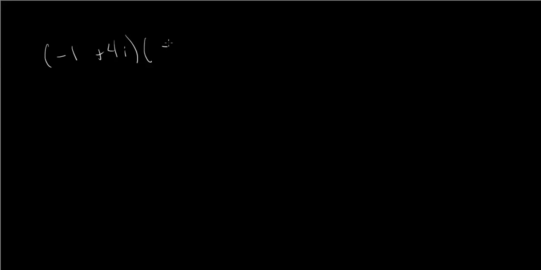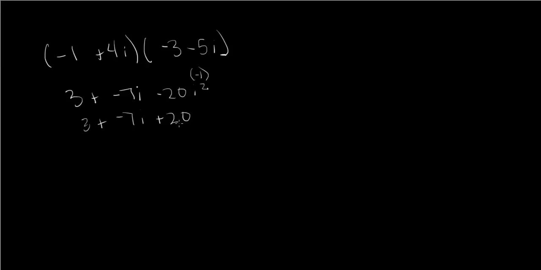Well, we're going to use the FOIL method to multiply that out, and that's going to give us 3 plus 5i minus 12i is minus 7i minus 20i squared, and we know that i squared is really worth negative 1. So that becomes negative 20 times negative 1, which becomes positive 20. And I can add these real numbers together. That's 23 plus negative 7i. Standard form.